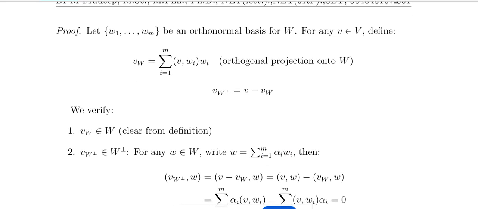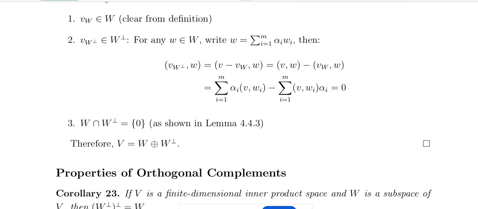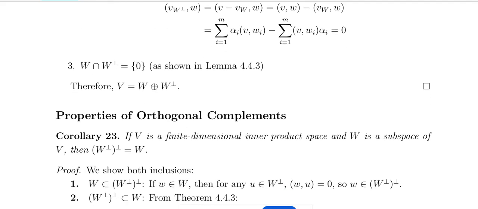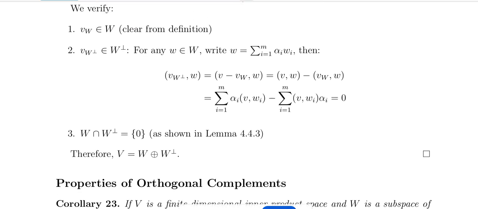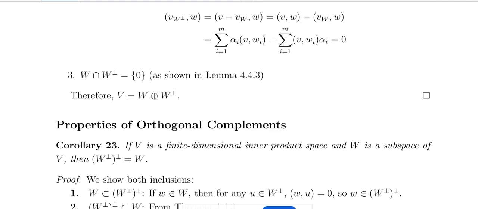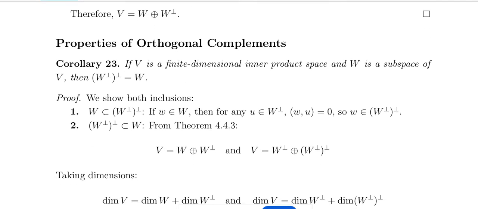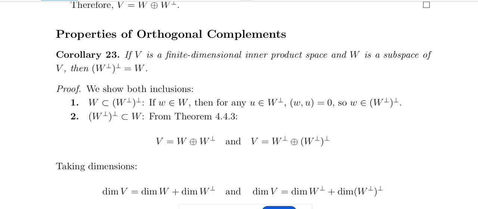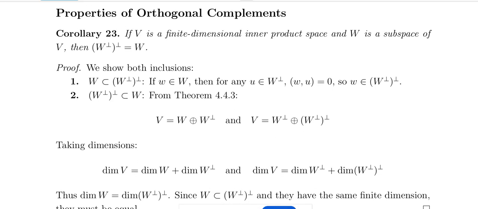It's a very simple proof. So what do we mean by the orthogonal complement? W intersection W complement should be 0, and so from this V is the direct sum of W and the orthogonal complement of W. And another property of the orthogonal complement is a very important one.